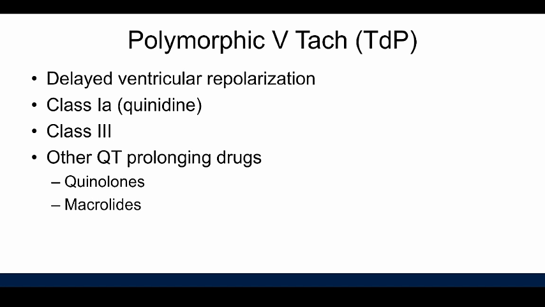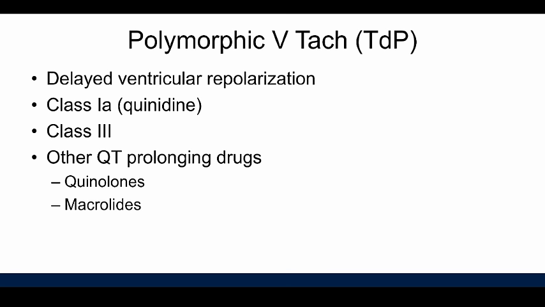So with polymorphic VTAC, and before we get into treatment, I'm sorry, let me make one other comment about this. This is torsades de pointes that I've talked about, which can be life-threatening. Patients who go into torsades often have a poor prognosis, and so this is certainly something that we would want to avoid.